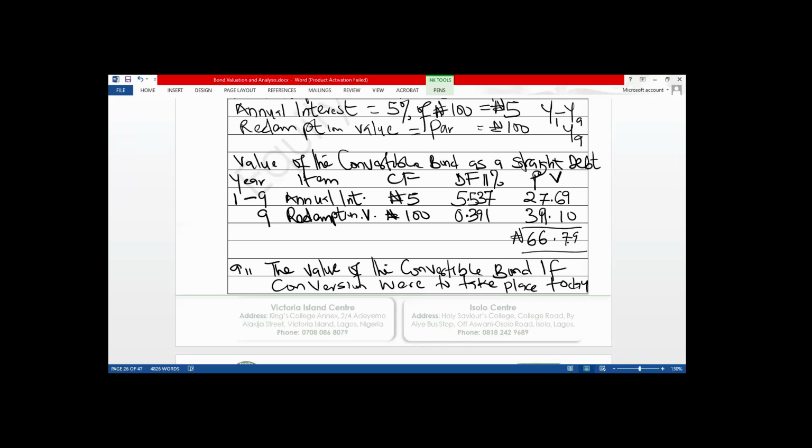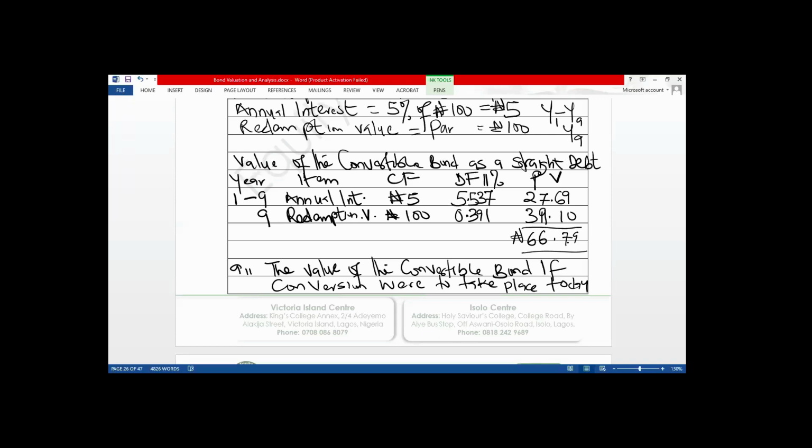As of today, the bond has 9 years of maturity. That means in 1 year's time, the maturity will have reduced to 8 years. Yes. In 1 year's time, the maturity of the bond will have reduced to 8 years.